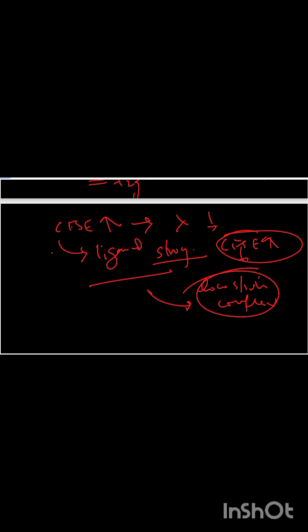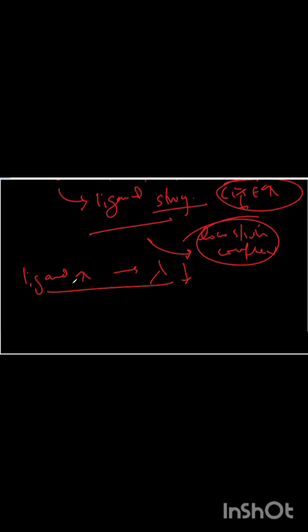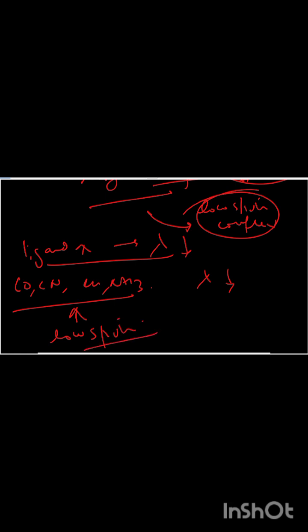Why? Because CFSE is greater. So from here, if the ligand is stronger, then the wavelength must be less. Strong field ligands, I have already said, are CO, CN, EN, ammonia. So in these cases the wavelength will be less, because these are strong field ligands. These always form low spin complexes.